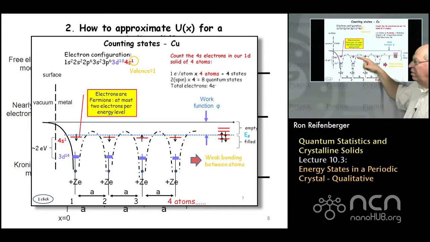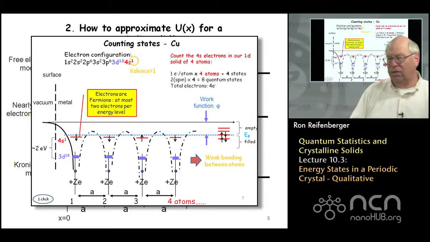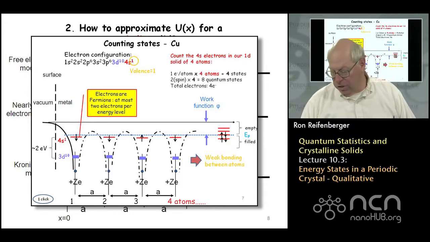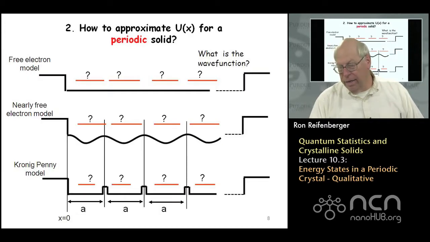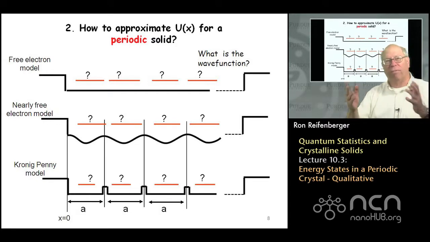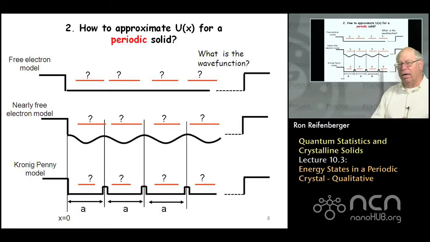But what we're trying to do is figure out how we might represent this variation in electrostatic potential as a function of position. And there are a number of models that have been developed. The first model that I'd like to discuss is the free electron model.